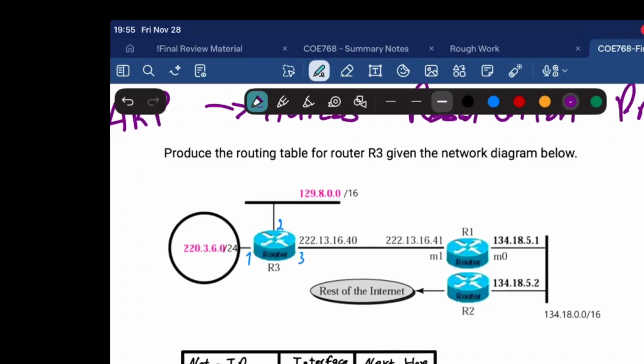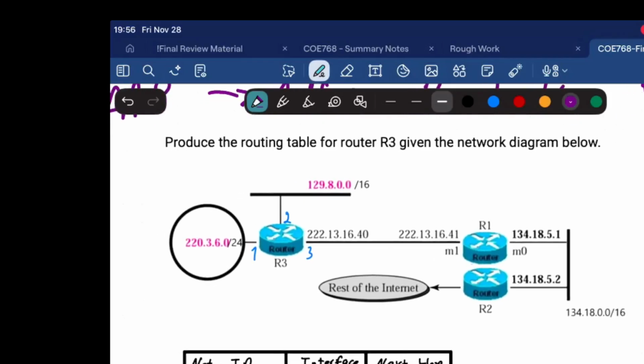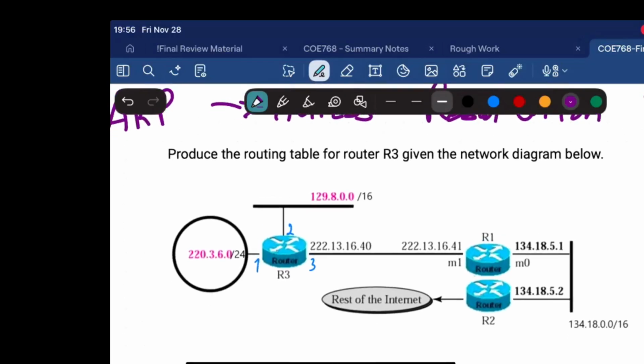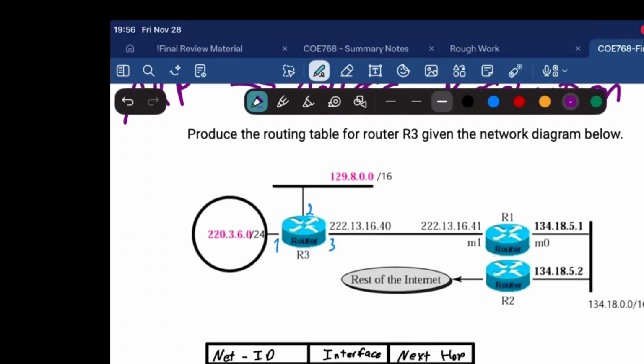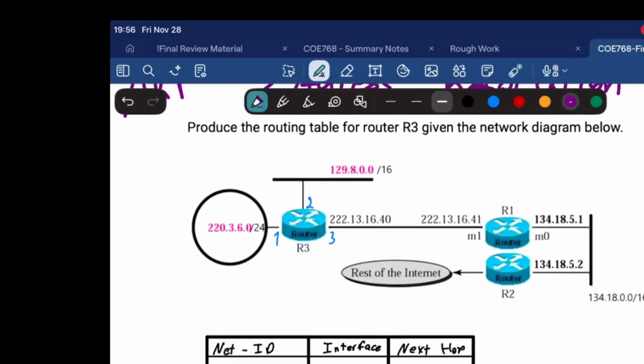Address resolution protocol is primarily used with routers because, as we know, IP addresses, networking and routing happen at layer 3, and switches are not capable of handling layer 3 protocols, at least not the majority of them. So here we're being asked to produce the routing table for router R3 given the network diagram below.